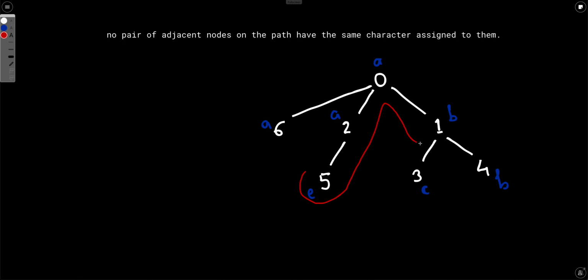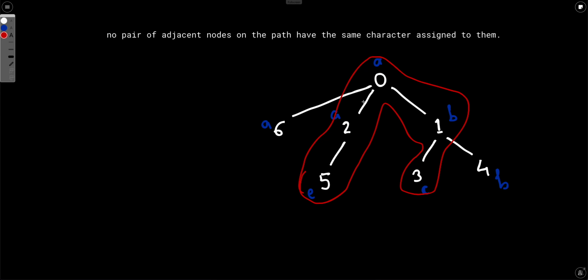This is one of the paths. Now if you take this path, this is not a valid path because you can see 2 and 0 have the same character. So there are two adjacent nodes which have the same character assigned to them. But in the given question, no pair of adjacent nodes may have the same character assigned to them. So this is not a valid path.